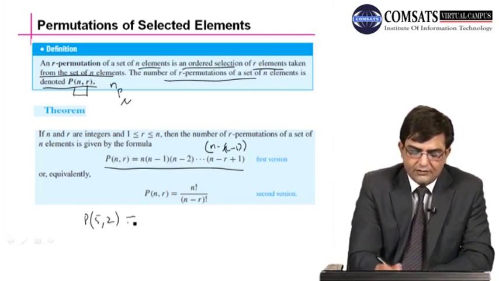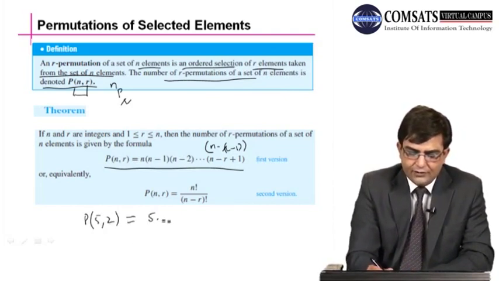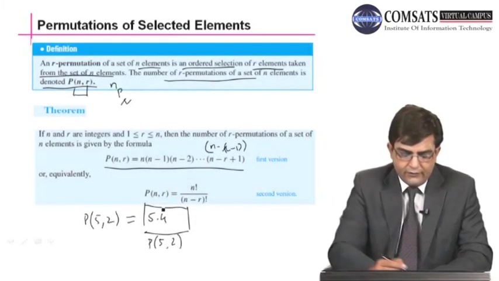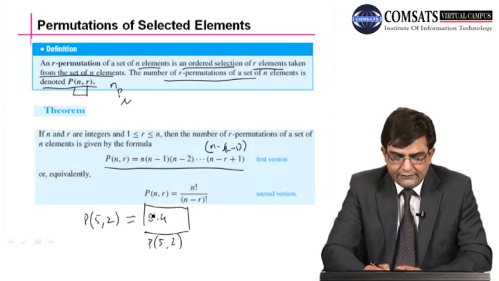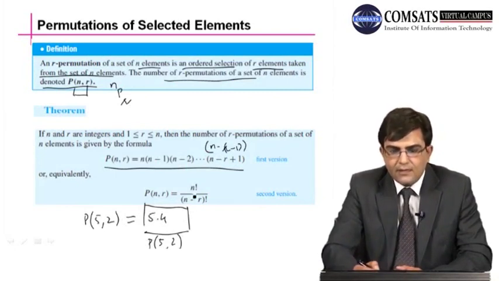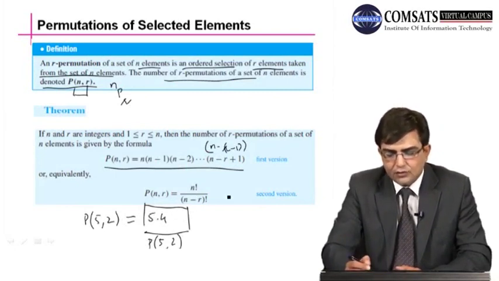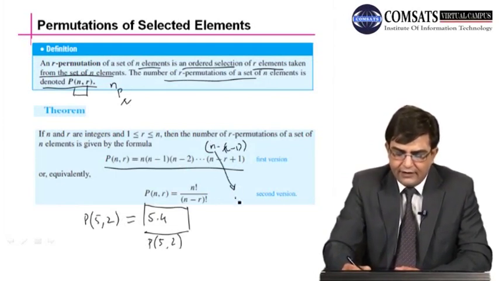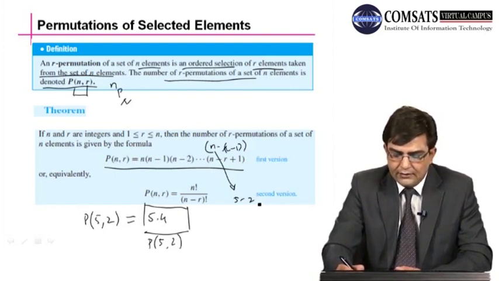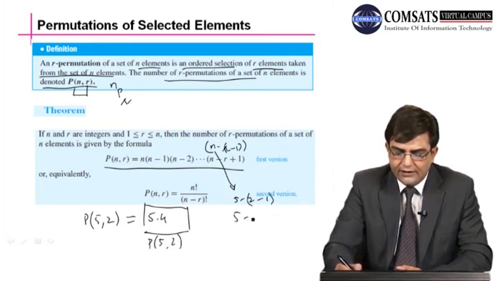That is, if we have to calculate P(5, 2), then it will be 5 into 4. For example, P(5, 2), how can we calculate it? This is 5 into 5 minus 1, and so on. Here if we put 5 for n and 2 for r, the last term is 5 minus 2 plus 1.